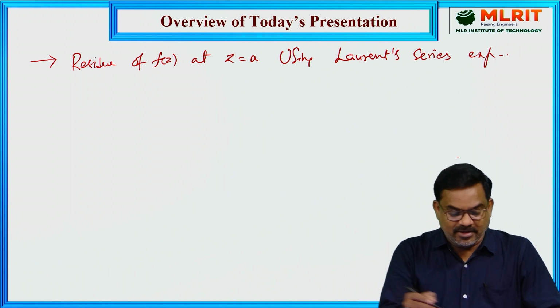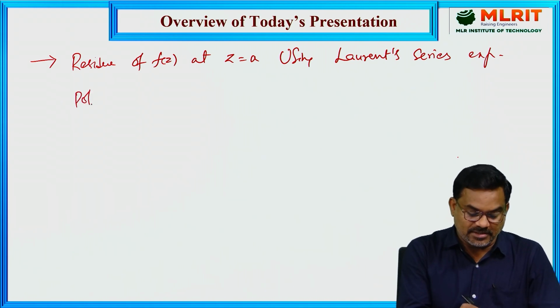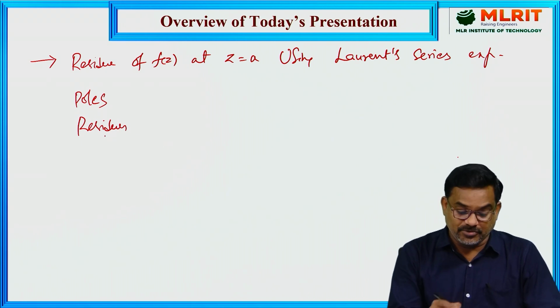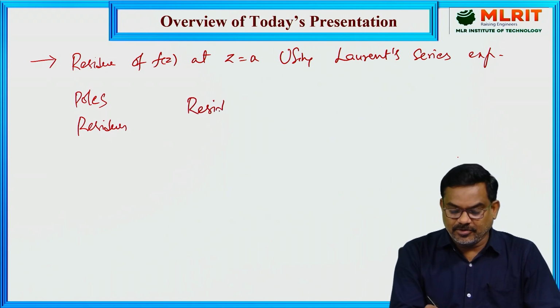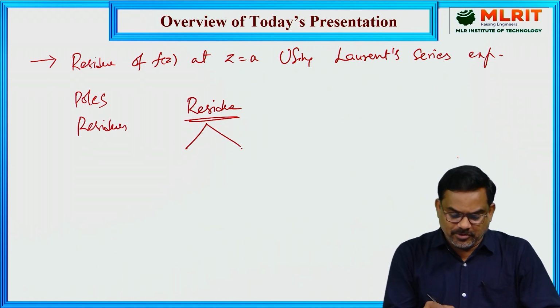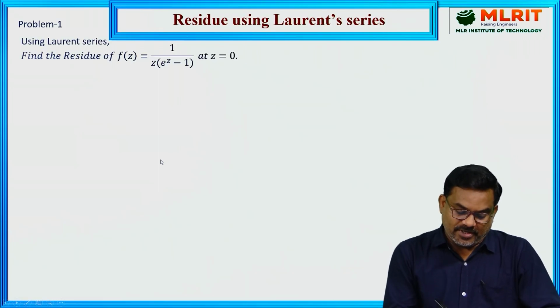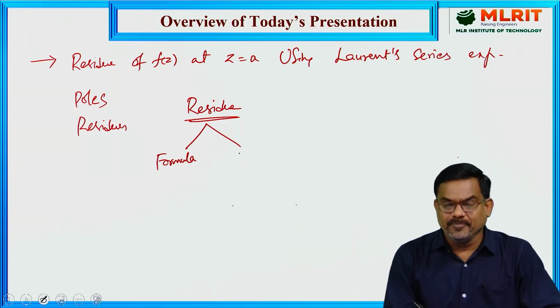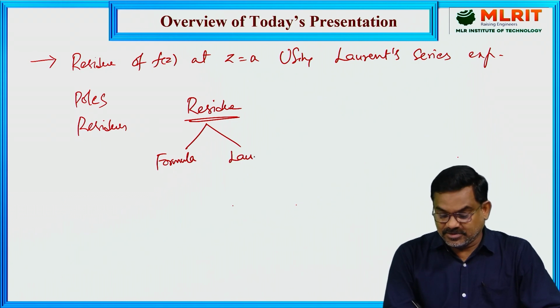In the last sessions we discussed poles, residues and the procedure to find residues. The residue of a function at a pole can be obtained using two different methods. The first is the standard formula to find residue, and the second is using the Laurent series expansion.